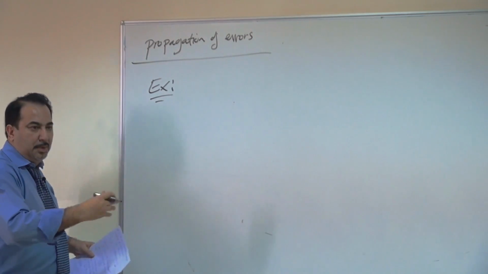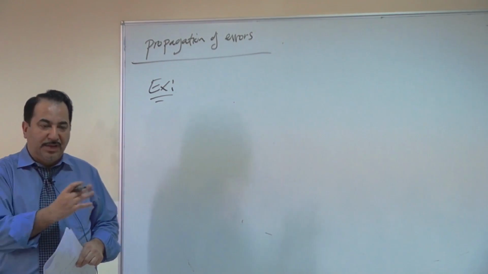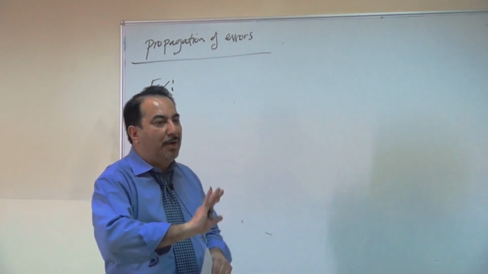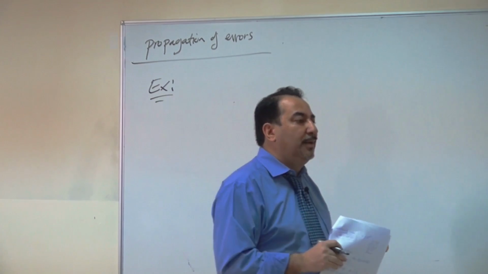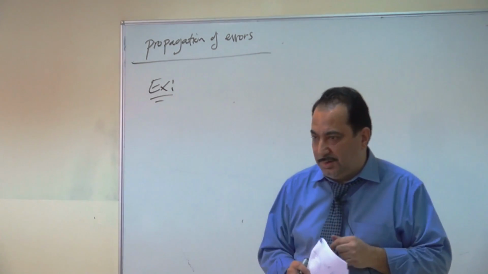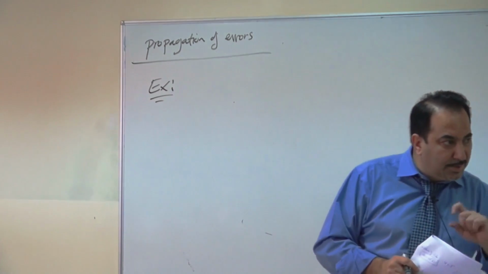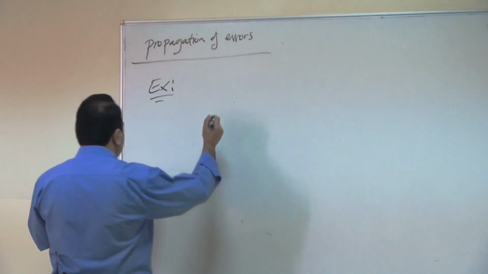The question is, what's the area? If I say what's the area, it means area without taking into consideration the errors. And the second part is, what's the uncertainty or the errors in the area calculation? How much error you have in the calculation of the area. So write the example with me, and we'll discuss it.